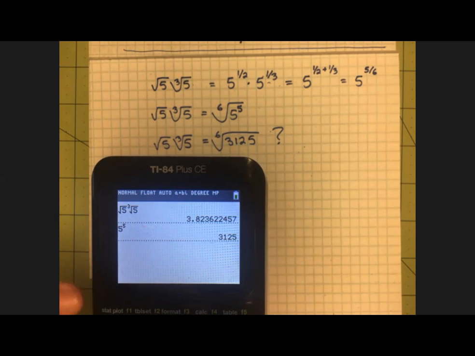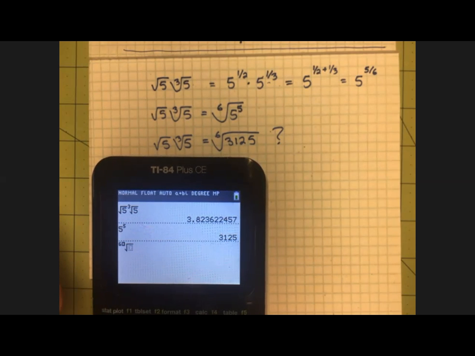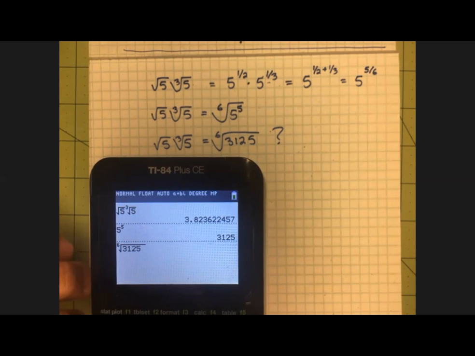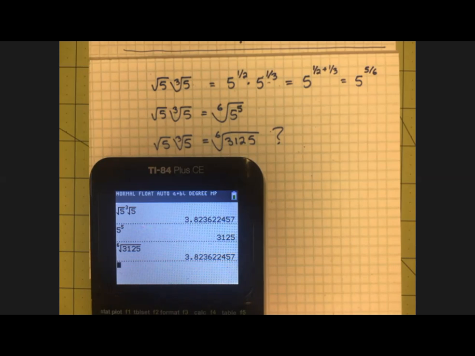Now what's the 6th root of 3125? I go in here and take the 6th root, 3125. That's the same number. Again, it's not the same because the calculator says it's the same, but as far as the calculator is concerned, yes, they're exactly the same number.